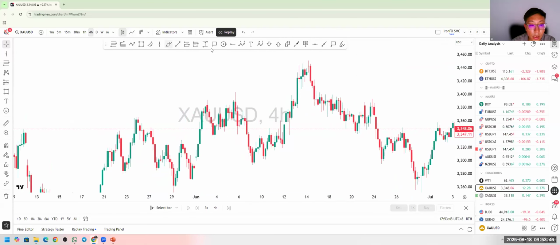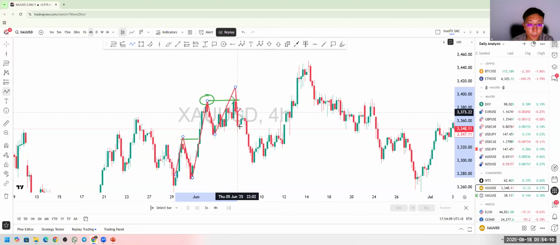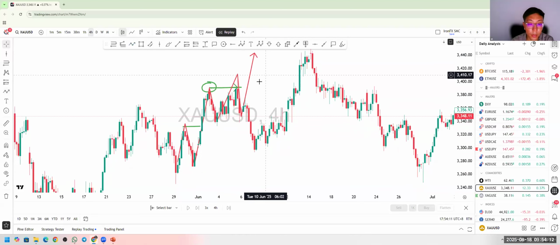Okay, so this is an example of a liquidity hunt where you can see how price actually took out this high. Price took out this high, and then people will be looking to buy, because we have a change of character, we have a break of structure. So of course, people will be looking to buy, something like this.